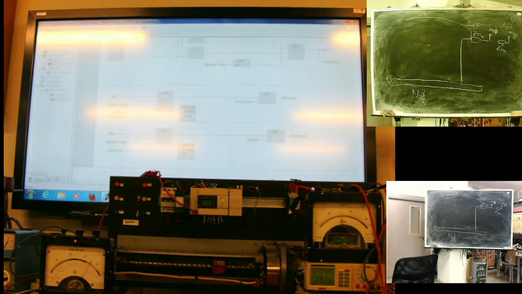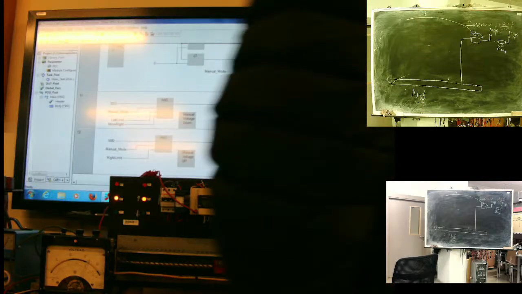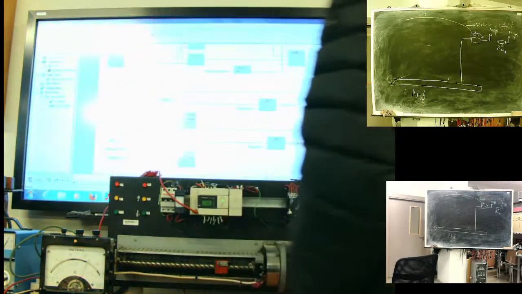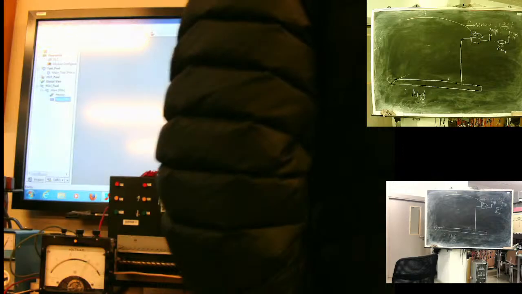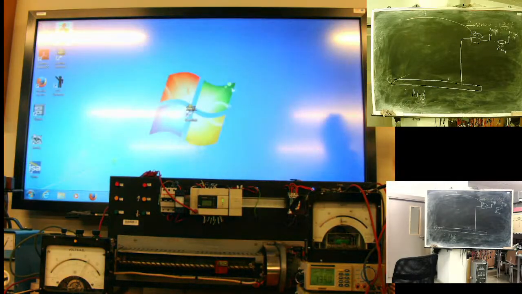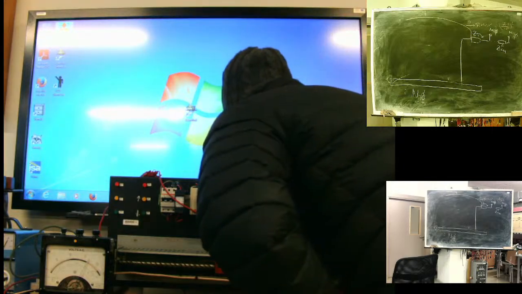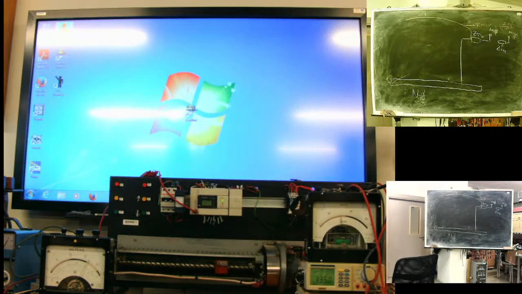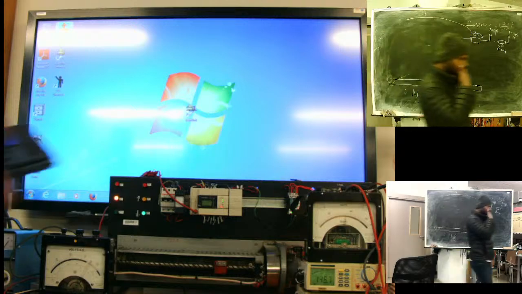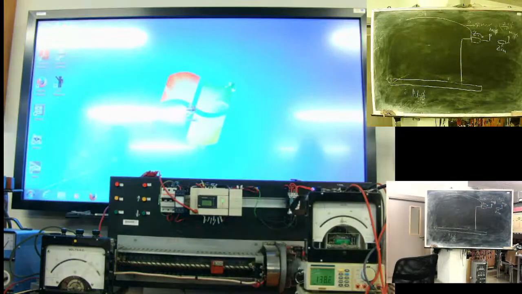Okay. Yeah. Use this. I will make my screen possible. Nice toy to play. Yes.